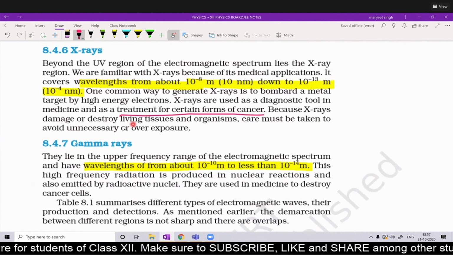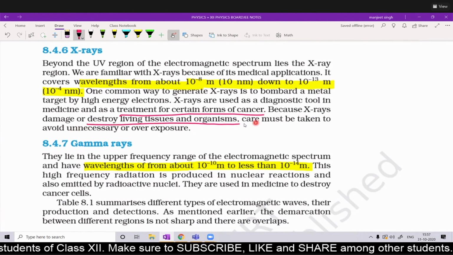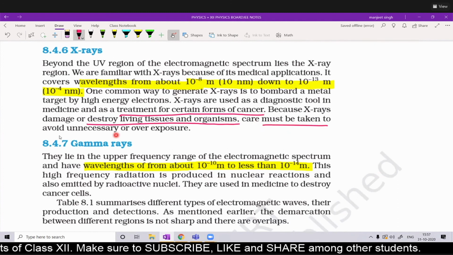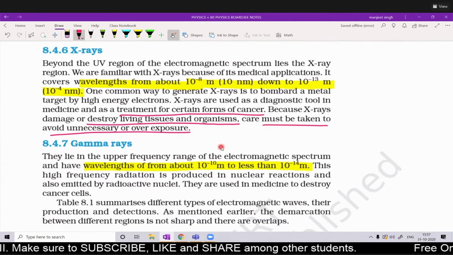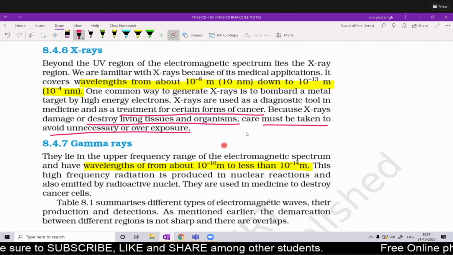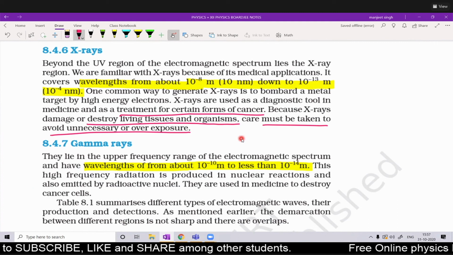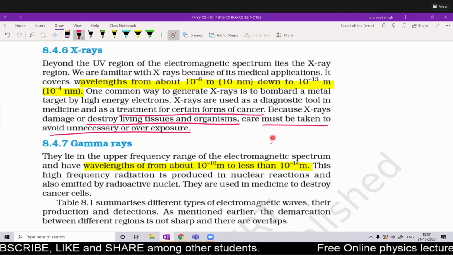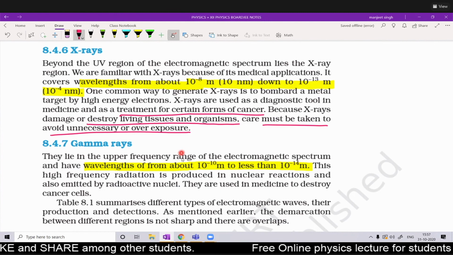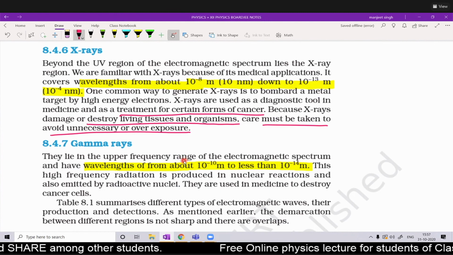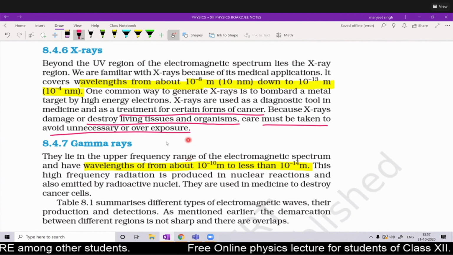X-rays destroy living tissues and organisms, so care must be taken to avoid unnecessary overexposure to X-rays. Within a flash, an X-ray is done. If you have experienced an X-ray of any part of the body, it is done very quickly. Exposure is not given for a long time because it is harmful.